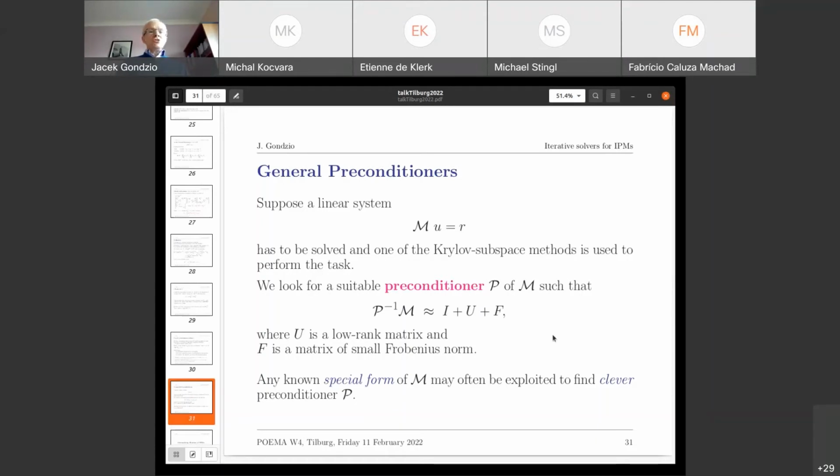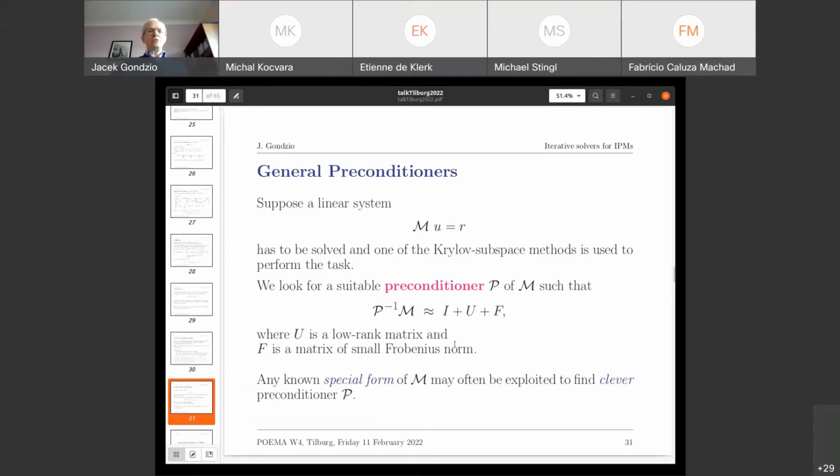And the design of preconditioners is often based on realizing that there are some particularities of the matrix M. Here, unfortunately, we step into a high level of specialization of techniques. That is, if you know something about the matrix M, you might be able to translate this knowledge into designing a clever preconditioner for it.